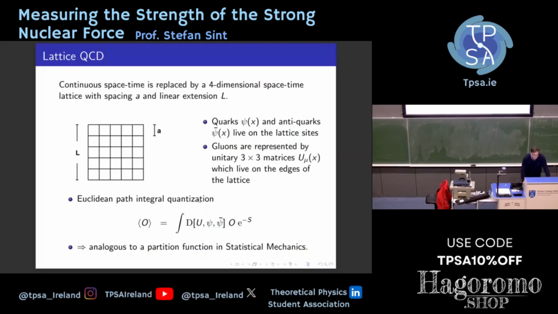And that means that instead of having infinitely many degrees of freedom, if you have a finite volume with a lattice, this will be a finite number of degrees of freedom. For instance, we have a 3x3 unitary matrix, U mu of x, on each of the links, the edges of the lattice, connecting two sites. And the quark and anti-quark fields live on the sites.